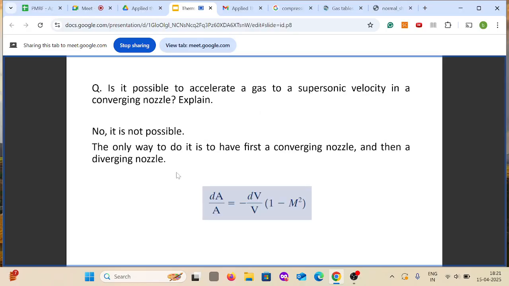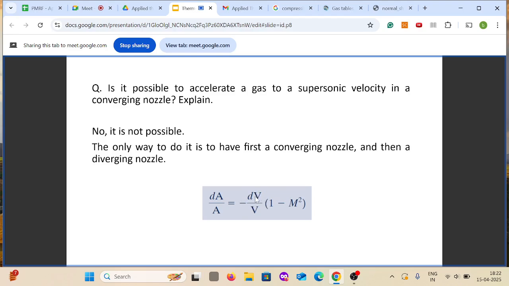So next: is it possible to accelerate a gas to a supersonic velocity in a converging nozzle? Explain. No, it is not possible. The only way it can be done is having a converging nozzle and then a diverging nozzle. This is governed by this equation. If your Mach number is greater than 1, then 1 minus M square becomes negative, so this total quantity will become negative.